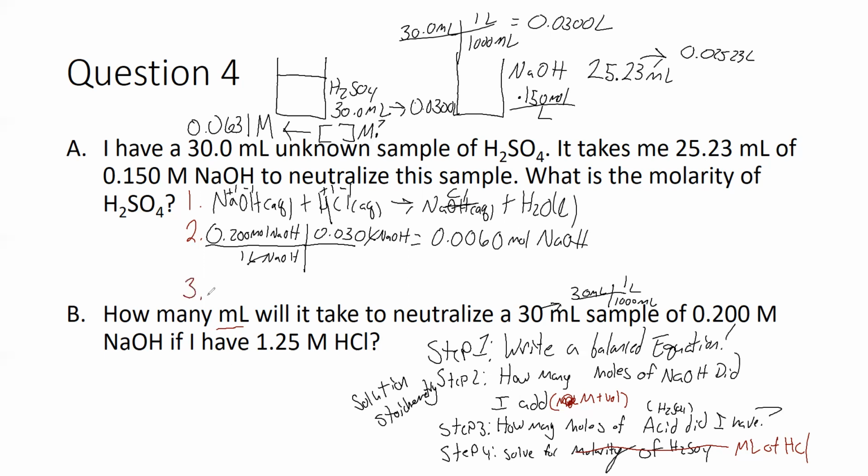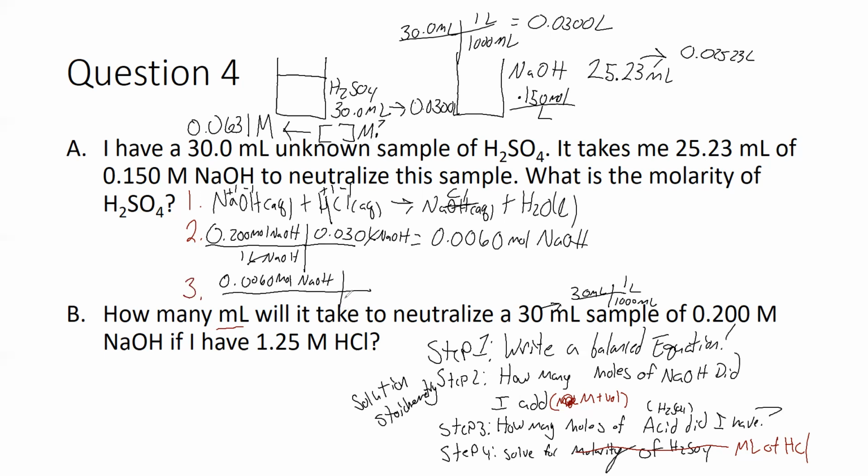Now we go to step 3. How many moles of acid do I have? Again, that comes from our balanced equation. So I know how many moles of base I have. And my equation's 1-to-1.